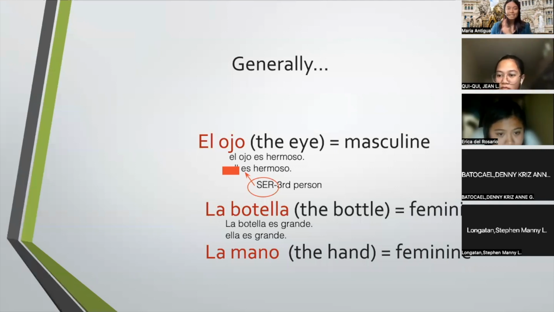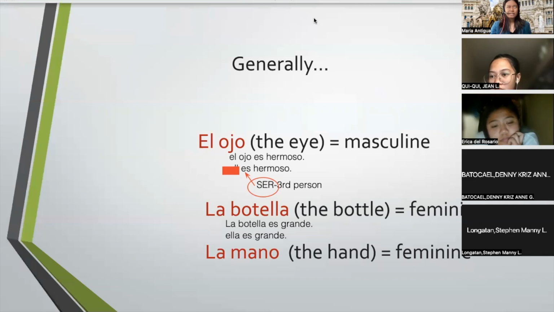So in the next sentences, you use pronouns na, right? So same function. El ojo es hermoso, él es grande, no? Or using la botella, you can also use hermoso, the bottle is beautiful. Ella es grande, no? Ella es pequeña, if it's small, and all these things, no?